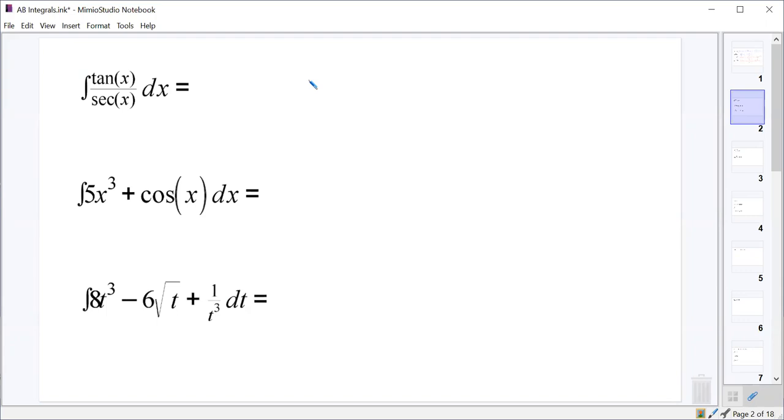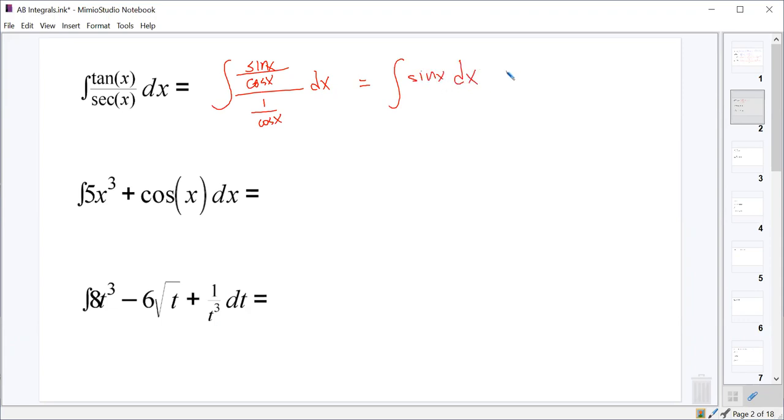So oftentimes when you have trig functions, you're going to need to do a little bit of work to rewrite them. So tangent x is sine x over cosine x, and secant x is 1 over cosine x. And now what can we do with that? Should turn into just an integral of what? Sine x. So sine of x, right? The cosine x's, and they're both in the denominator, will cancel out.